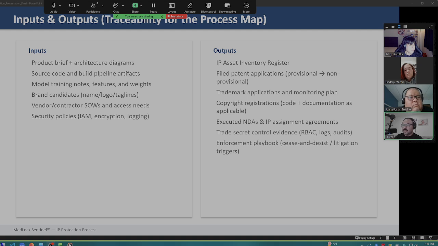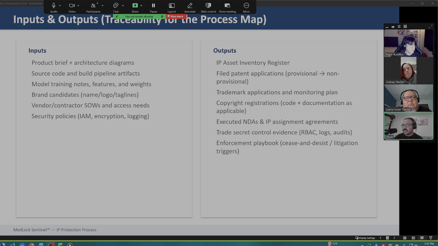On this slide, the process is auditable. Every major activity produces an output artifact. Inputs are the things engineering and product already generate. We simply route them through a protection workflow. Outputs are what legal and IT need: registration, contracts, and security evidence that maintains trade secret status.